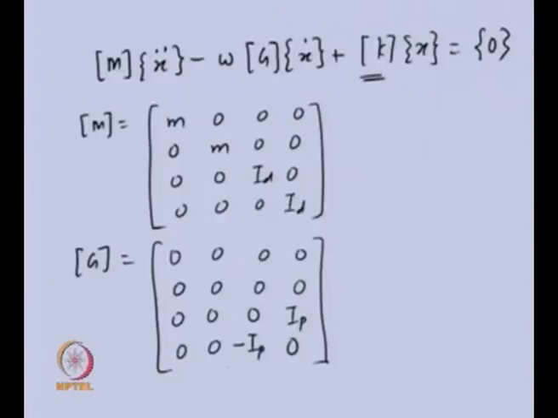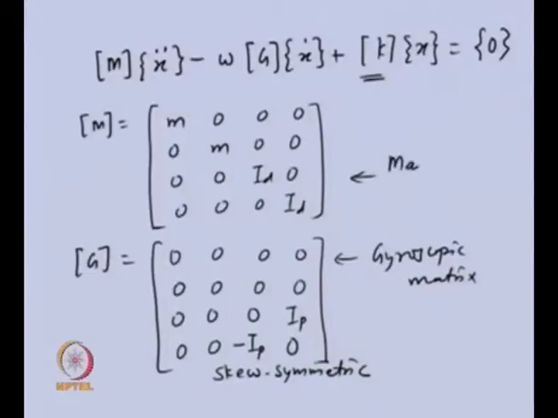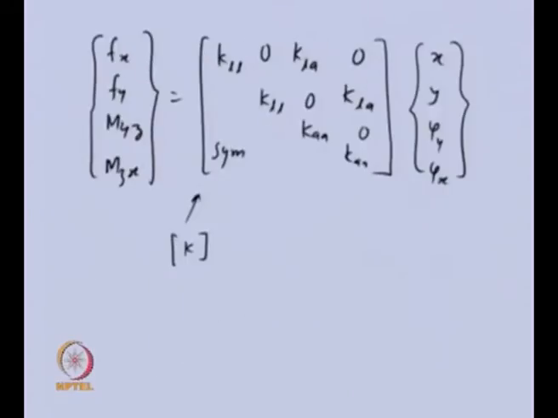So basically this matrix is skew symmetric. This is the gyroscopic matrix, this is the mass matrix, and this is the stiffness matrix.